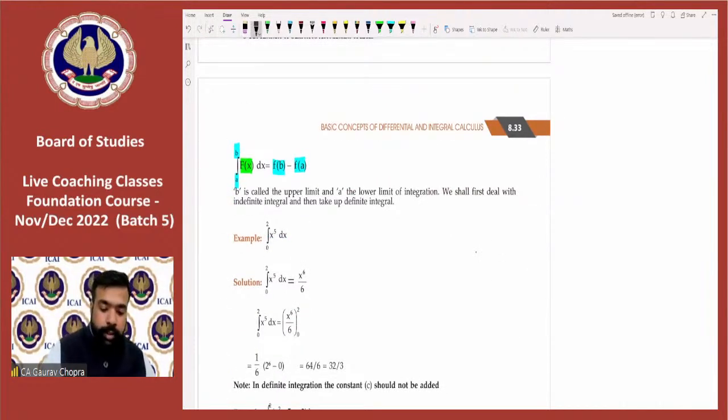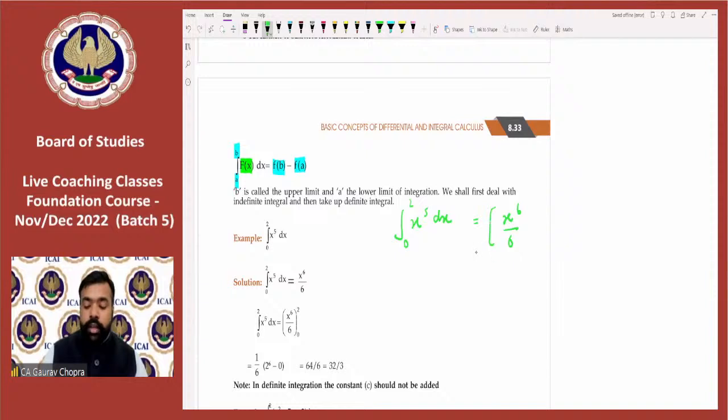So let's try one example. If the question is the integral of x to the power of 5 dx, where the value of x lies from 0 to 2, the first step is to integrate this. Now what is the integration? x to the power of 6 divided by 6. No need of a constant. Now we put the square bracket and write the limits, 0 to 2.